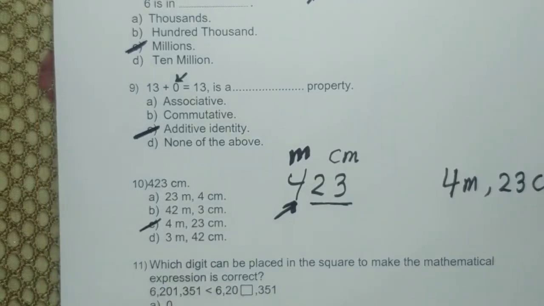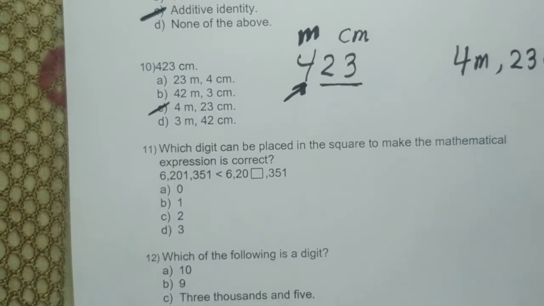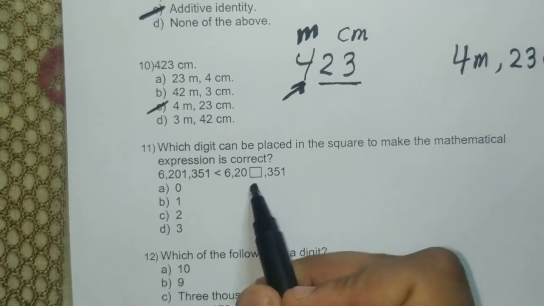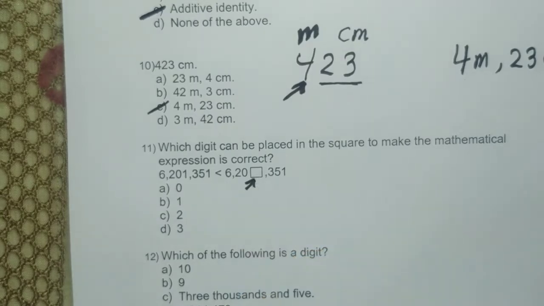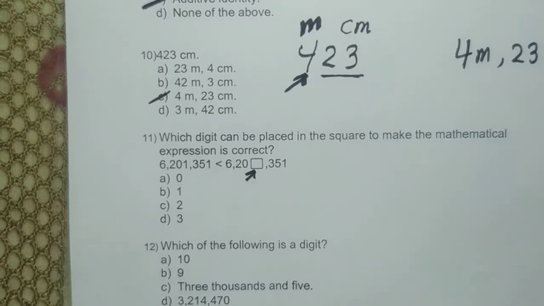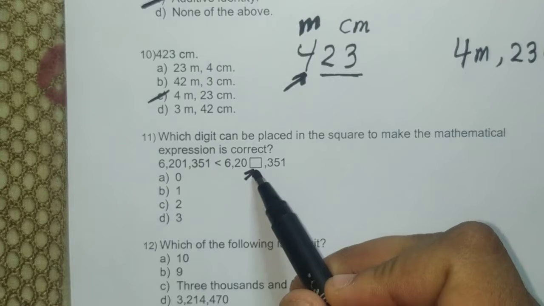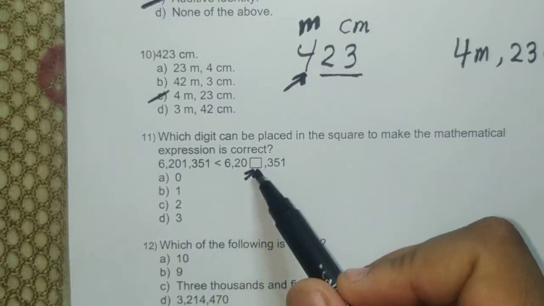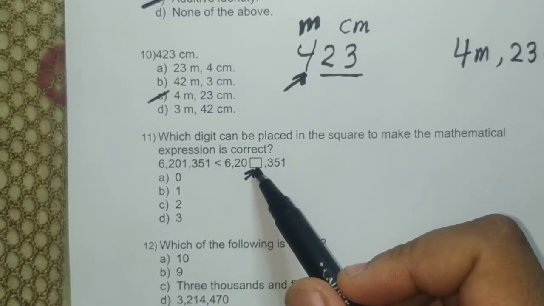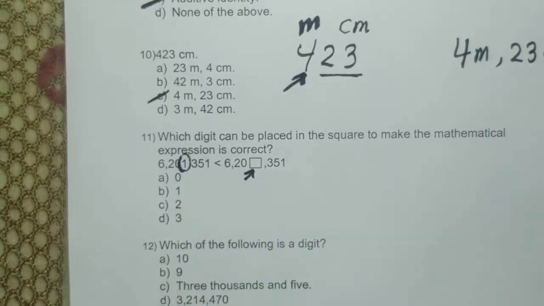Another example: which digit can be placed in the square to make the mathematical expression correct? In the square, it's in thousandth place, so I will look to thousand place, it's 1.